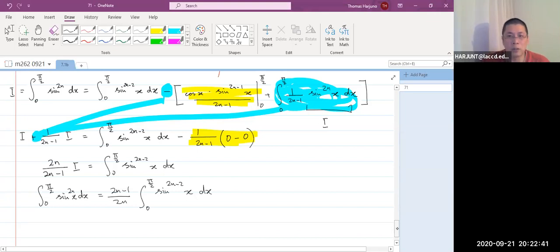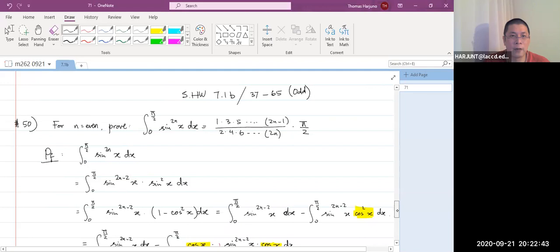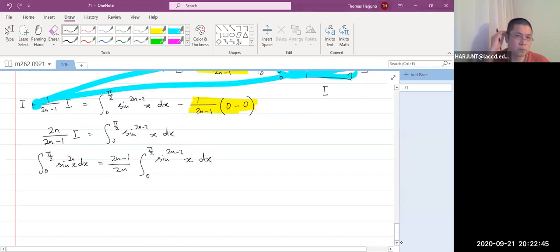Wow, Thomas, that's all you get? Yeah, that's all I get so far. But then if I go on further, this is the same as 2n minus 1 over 2n times the integral from 0 to pi over 2 of sine to the 2 times n minus 1 of x dx.